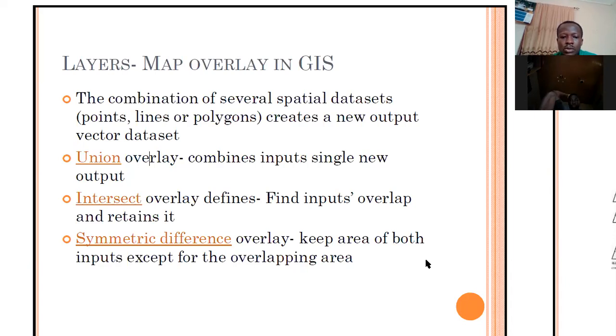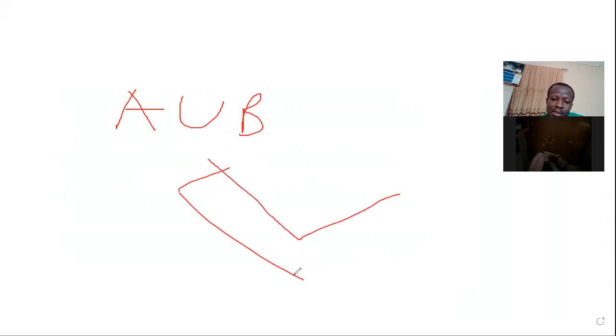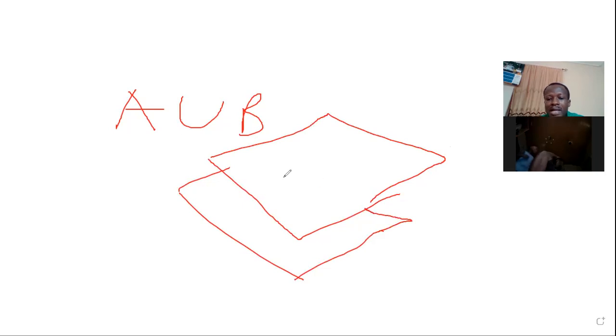So if I do A union B, then in map overlay, it's like taking one layer for the same region and simply adding them together.